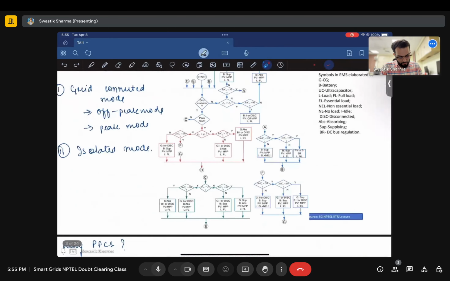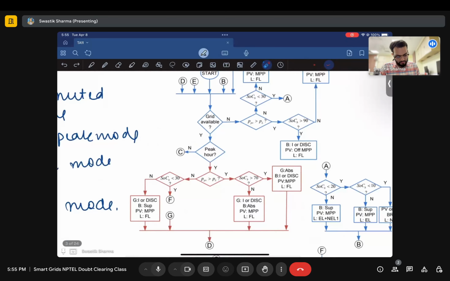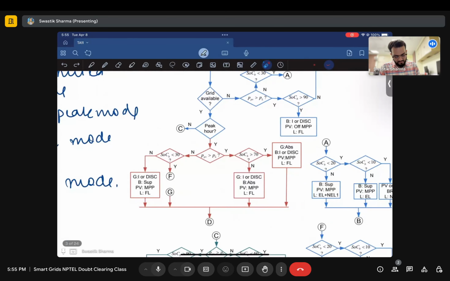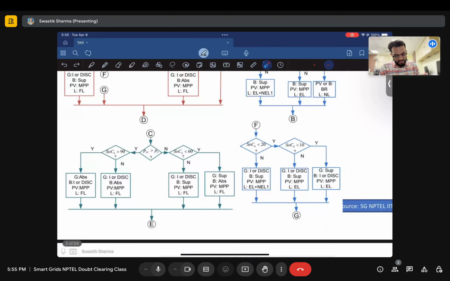If there is a peak mode, okay, so grid is available, but there is a peak hour. So you check if the battery SOC is less than 30%, you move to F. F is you check if it is less than 20%. If it is not, grid is still idle, battery still supplies, PV is MPP, and there is some load shedding, right? So you had three loads.